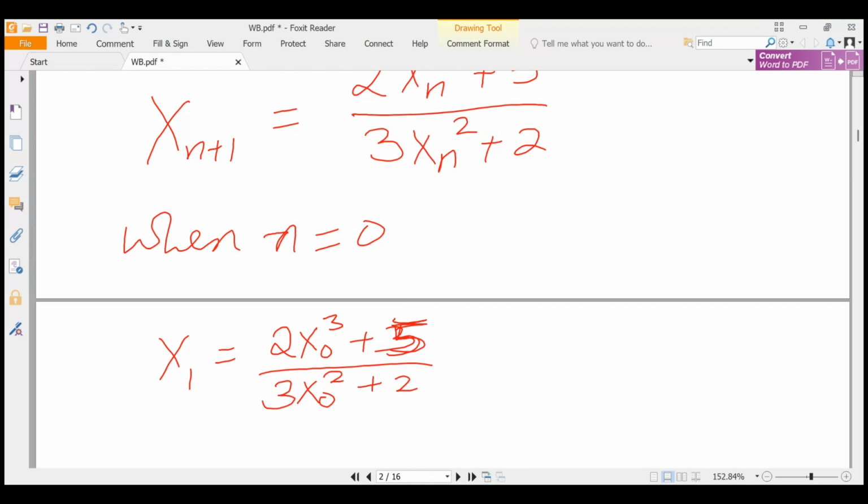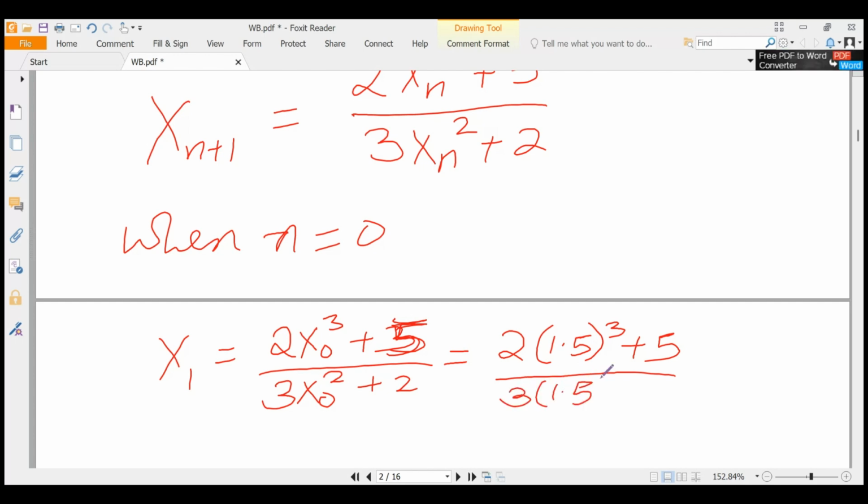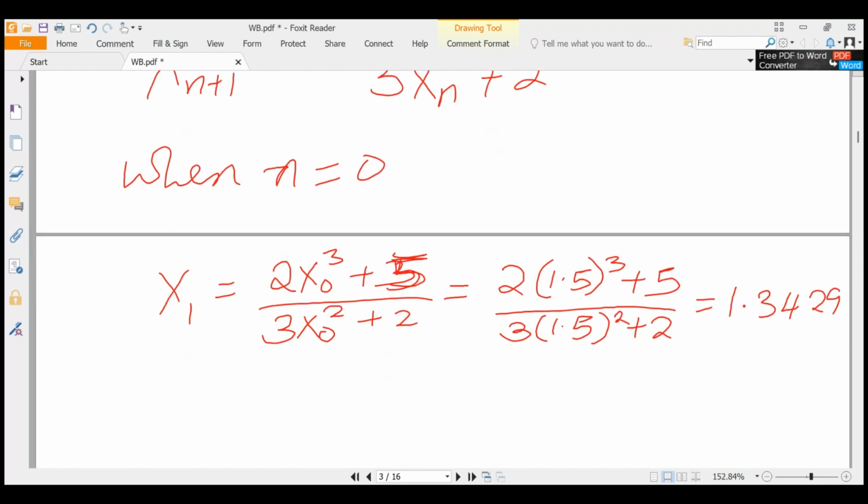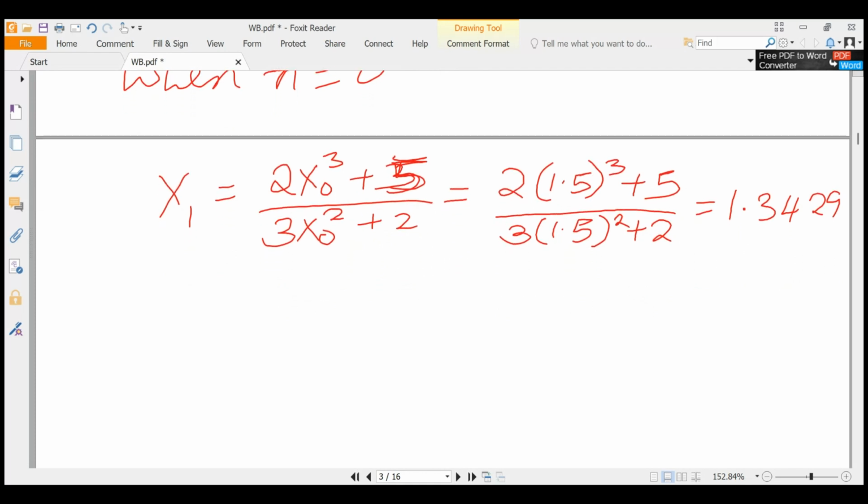We substitute the value of x naught as 1.5, and this gives us 2 times 1.5 cubed plus 5 divided by 3 times 1.5 squared plus 2. If you work out this value and express the result correct to 4 decimal places, we get 1.3429.